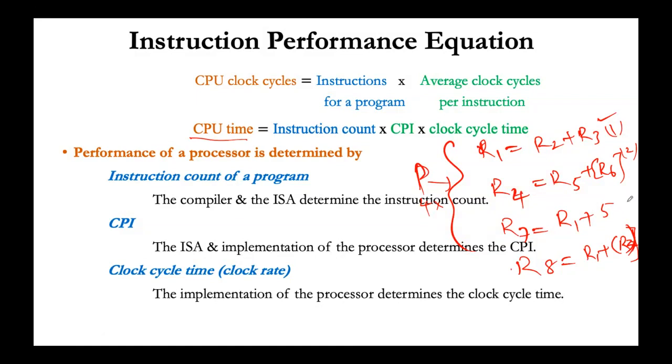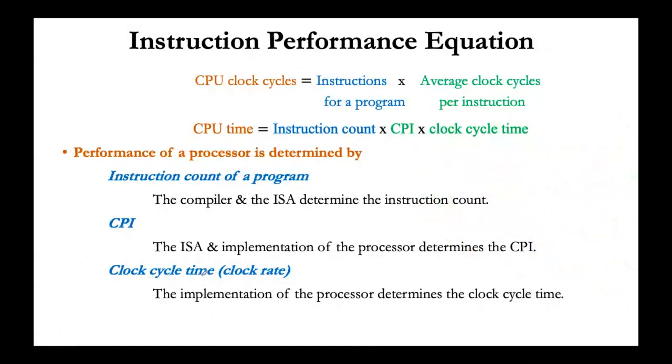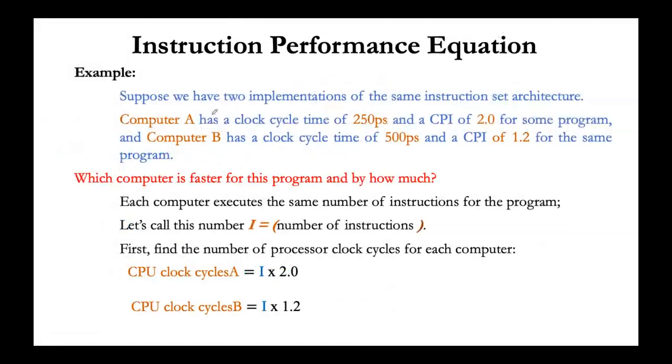For this, it is immediate, so it requires 0.5 clock cycles, suppose, and this one requires, suppose, 4 clock cycles. So it gives clock cycles per instruction. Then the clock cycle time, in terms of seconds. The clock cycle time, the rate, is determined by the implementation of the processor.